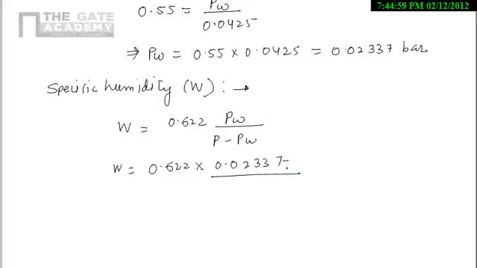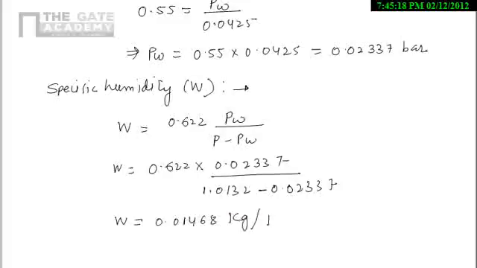P, that is atmospheric pressure, is given as 1.0132, minus again PW, 0.02337. If we calculate this, it comes to 0.01468 kilogram per kg of dry air.